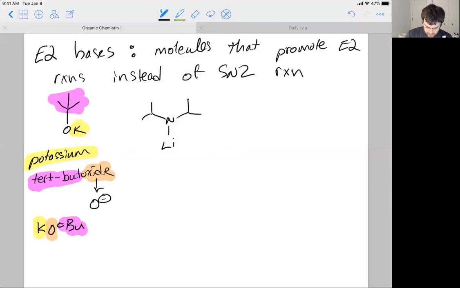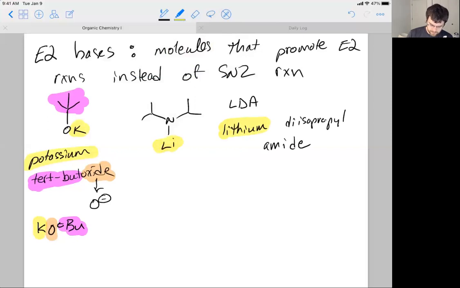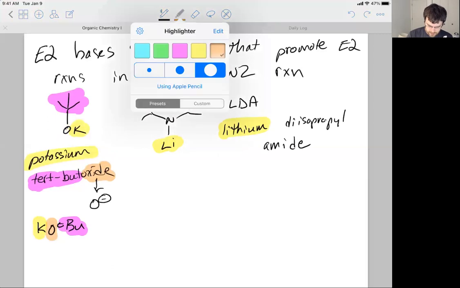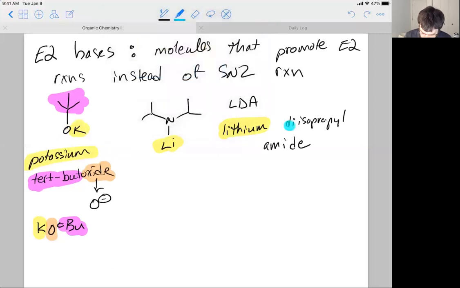Now over here, we have the molecule LDA, which is lithium diisopropyl, and then I hate the last part of the name, but amide. So lithium, and the diisopropyl are these two isopropyl units.